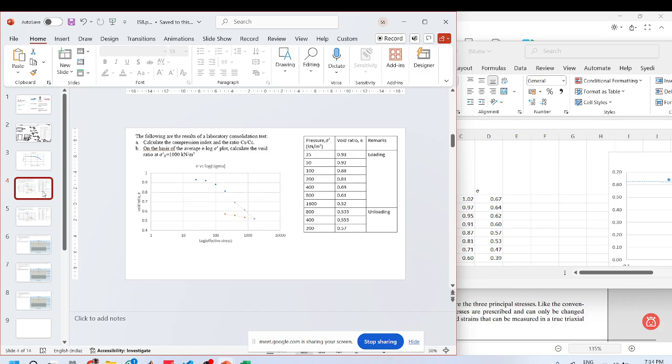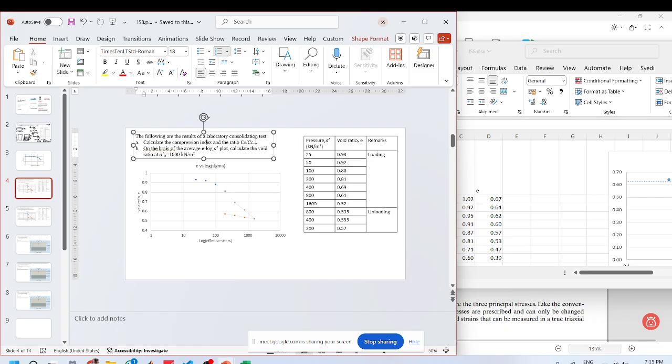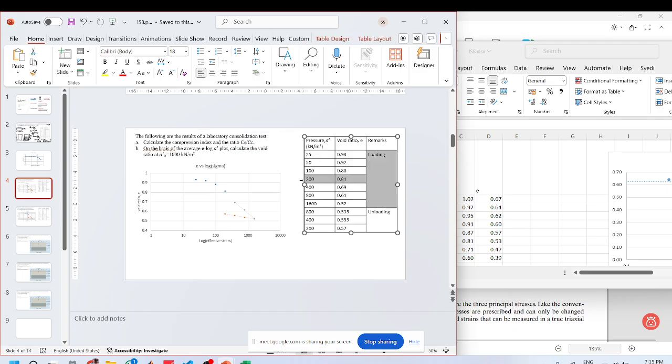Following the other laboratory consolidation tests, calculate the compression index and the ratio Cs by Cc. On the basis of the average e-log sigma dash plot, calculate the void ratio at this. Okay, let's do this.